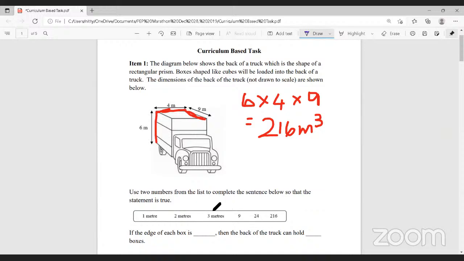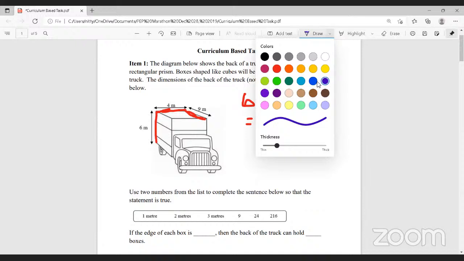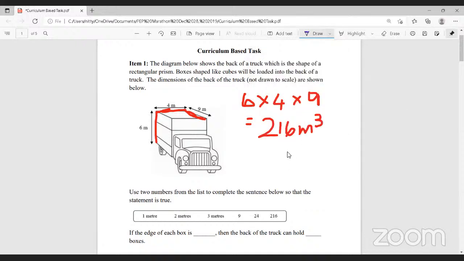If the edge of each box is 3 meters, I'm just going to go ahead and draw, let me get another color, and draw a cube, not drawn to scale. Now these faces should actually be squares, so it's not drawn to scale.